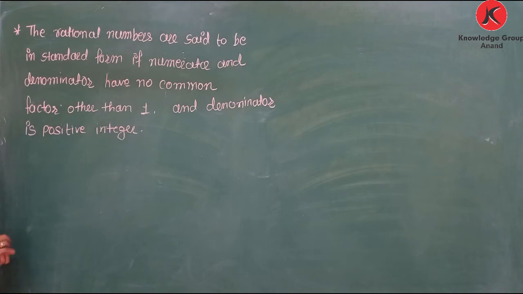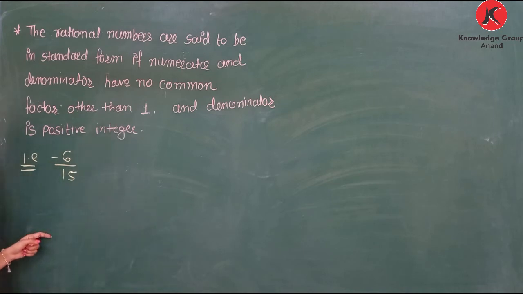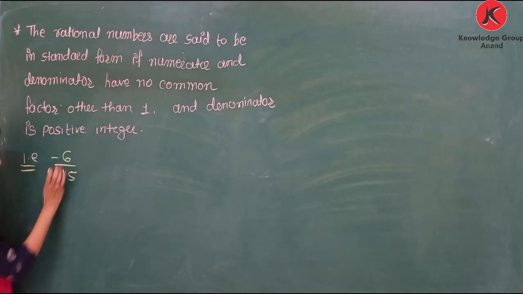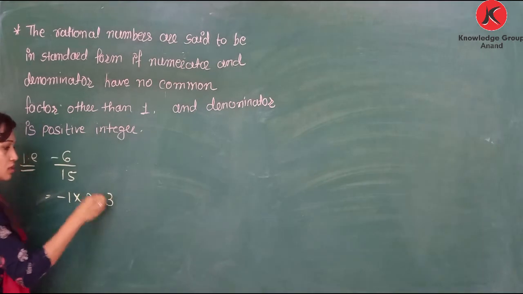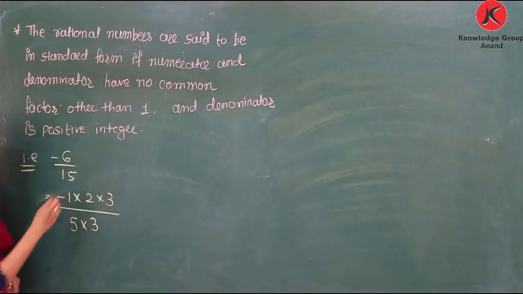If we take one more example, like minus 6 by 15, this is not in standard form. To convert this into standard form, we can use two methods. First, factorize both numerator and denominator and cut the common factor. Here the factors of minus 6 are 2 multiply 3 and the factors of 15 are 5 multiply 3.